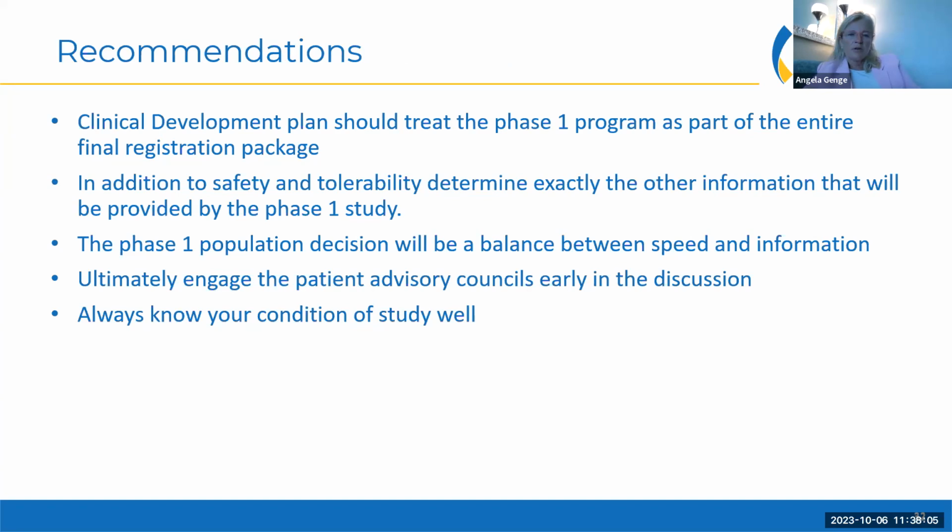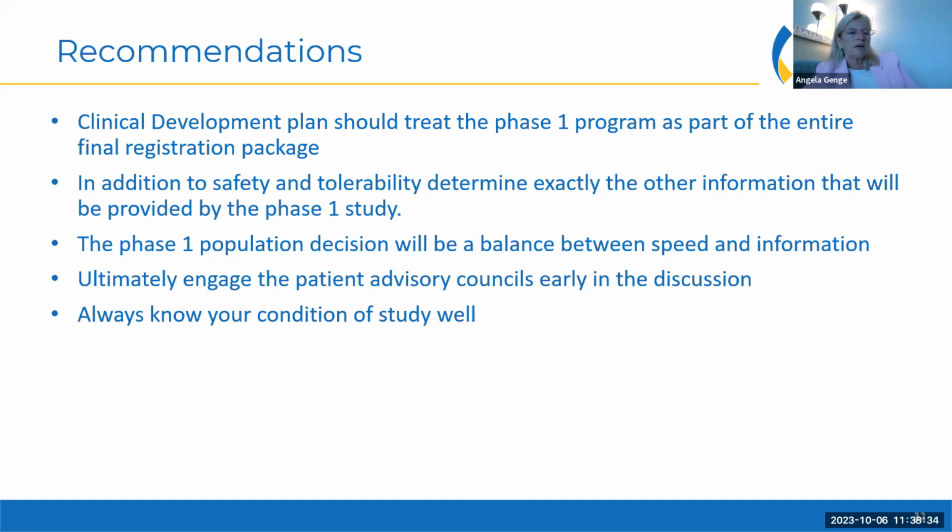Look at your investigational product. Look at the phase 1 as part of your overall clinical development plan, giving you information not only on your product, but also on the biomarkers that are under development and the patient population and engagement. Look exactly at what else you will find in your phase 1 study that may inform your decisions on your trial design, your ability to use an adaptive design.